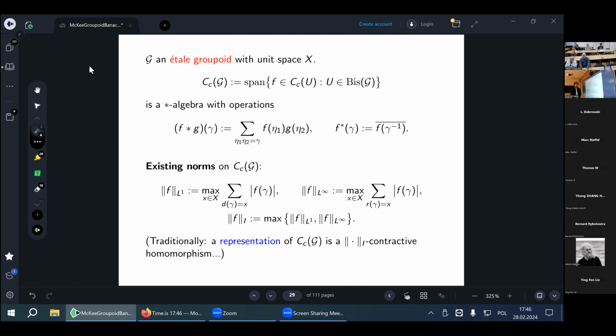I think you told me about this, to avoid this problem. Normally, to define a representation of C_c(G), you think of homomorphisms which are contractive for this norm. But we will put a different norm on this, and so our representations will be contractive with a different norm.